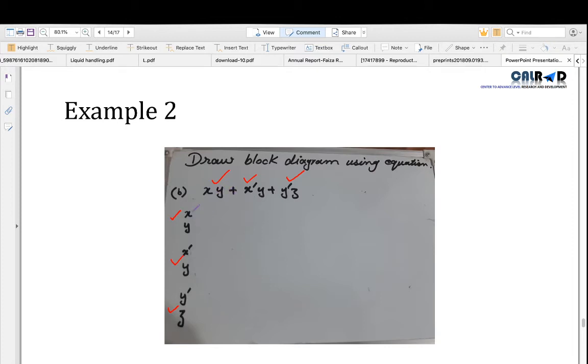So we have one input x and another is y, and we have to make it x into y. Which gate will we use to take the product? Same here, we have one input x dash, another is y. Which gate is used to make it x dash into y? Third is y dash z. Which gate will we use to make it y dash z?